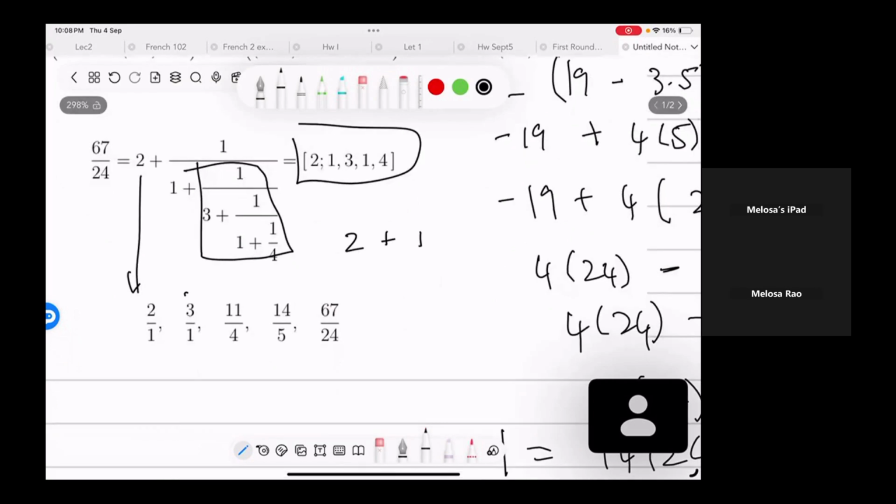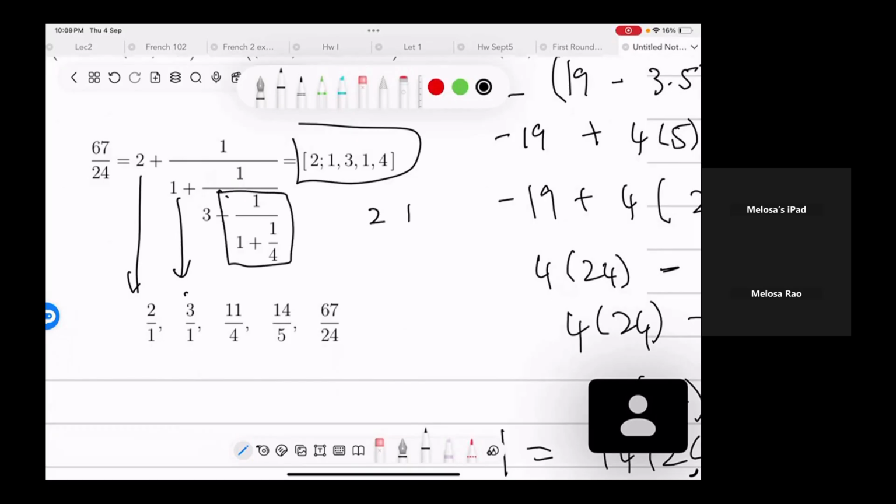So this is 2 plus 1 over 1, and that's just 3 over 1. And that's how we get the second part. And then for the third part, they just ignore this term. So it becomes 2 plus 1 over 1 plus 1 over 3. We ignore this term. Maybe they decide it's too small, so we can just ignore it.